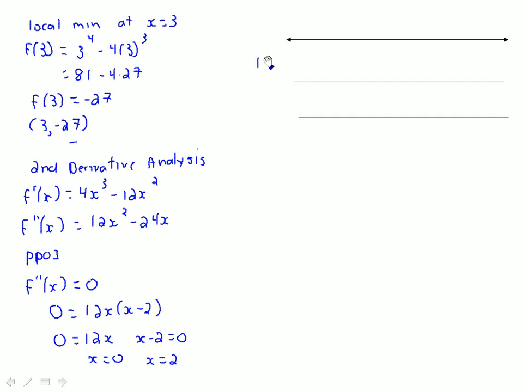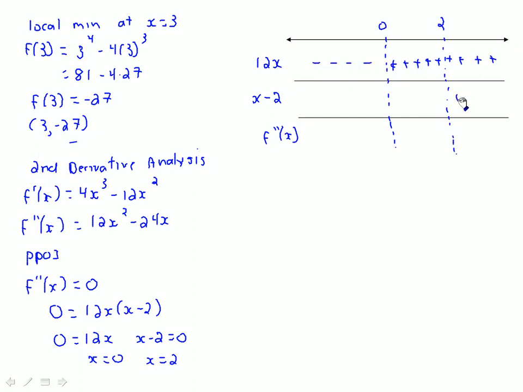So the one factor is 12x, the other factor is x minus 2, and then this is our second derivative. And we get 0, and we get 2. X is positive when x is bigger than 0, and negative when it's less than 0.